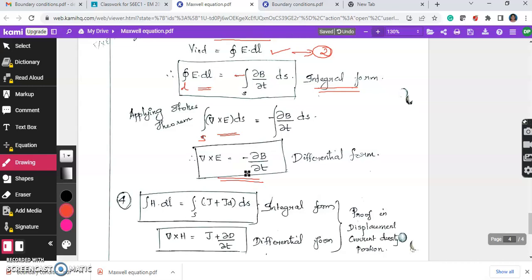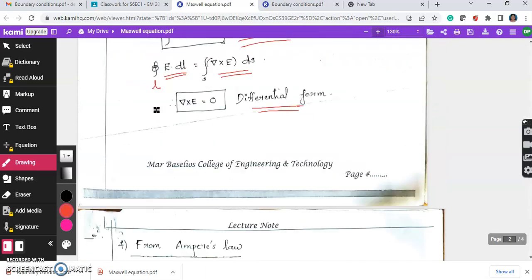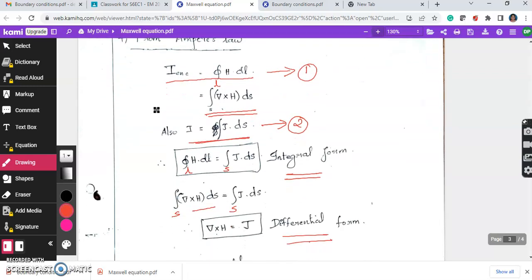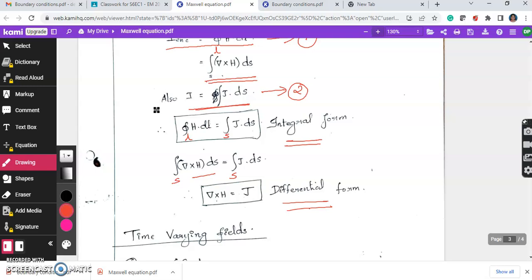Okay, and the last thing, that means if you are considering the fourth law, here you know that the fourth law is line integral H dot dl is equal to surface integral J dot ds, and that is the integral form, and del cross H is equal to J, that is the differential form.